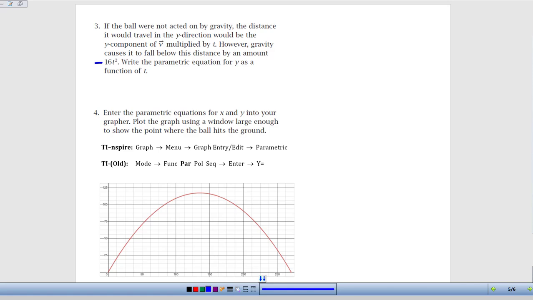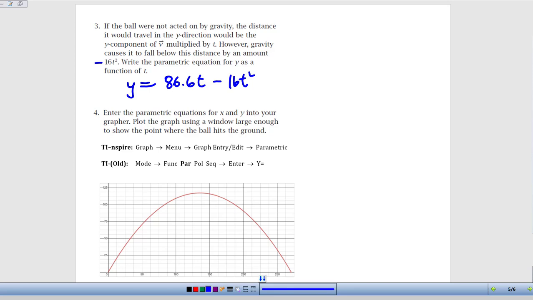It's going to overwhelm the initial velocity, and that models the ball coming back down to Earth. So our equation in the y direction has the positive 100 times the sine of 60, which on our calculator is 86.6. So we have positive 86.6t, since that's going upwards, but then we subtract the impact of gravity, which is 16t squared going down.